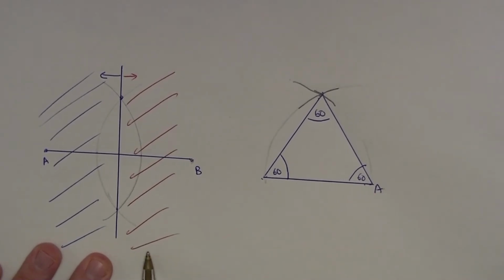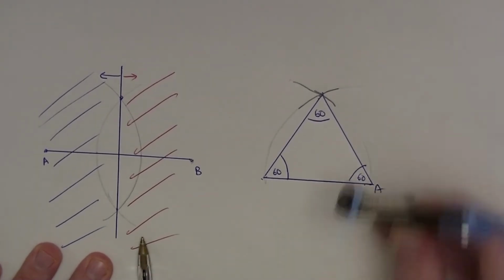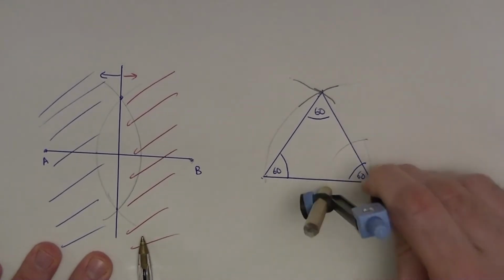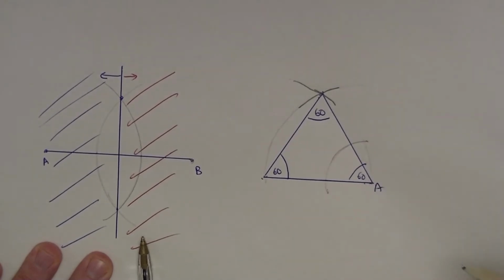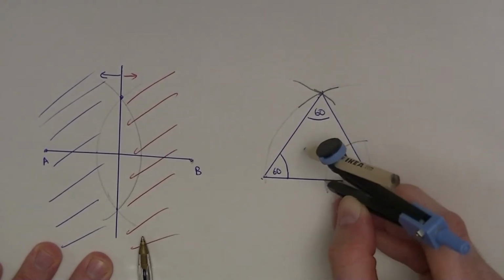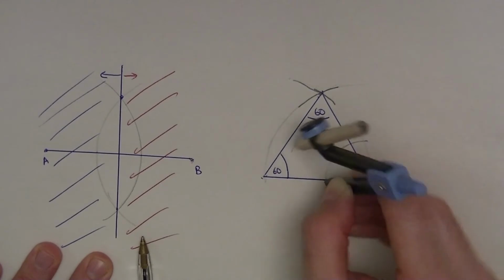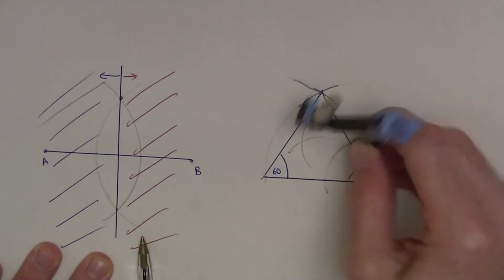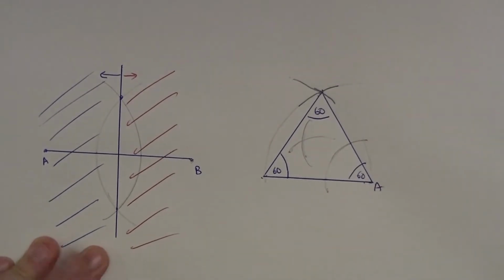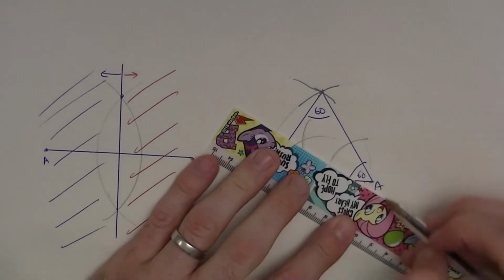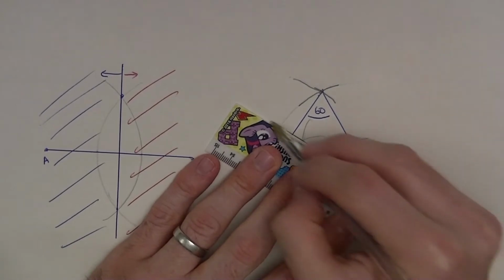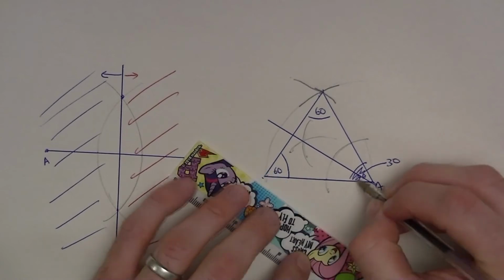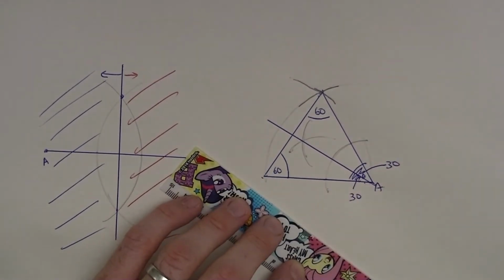I get my compass, open it to a couple of centimetres, sharp point there, arc from here, an arc that way, and from here, an arc that way, like we're bisecting the angle, and connect that corner straight through, and in so doing, split that 60 into 30, 30.